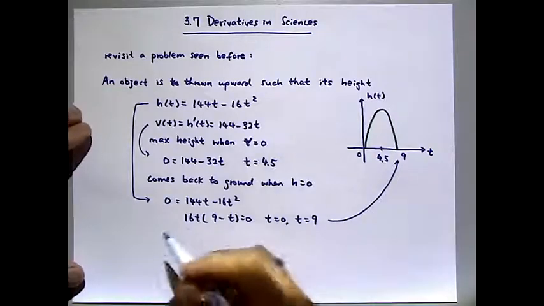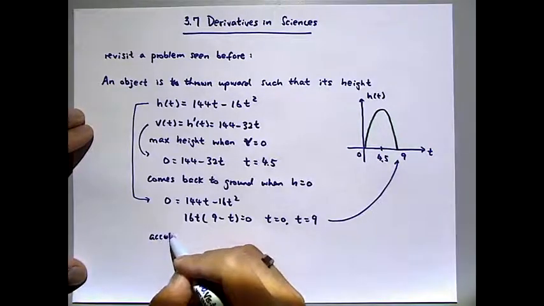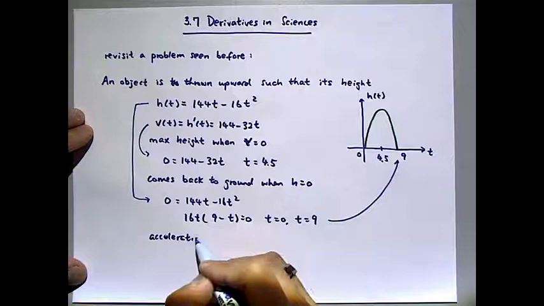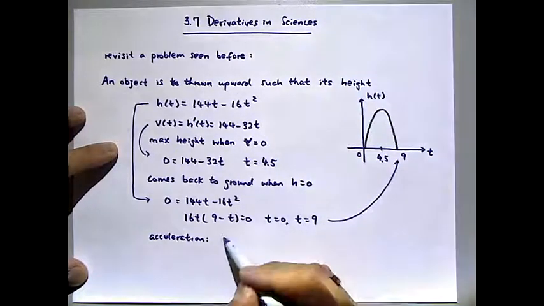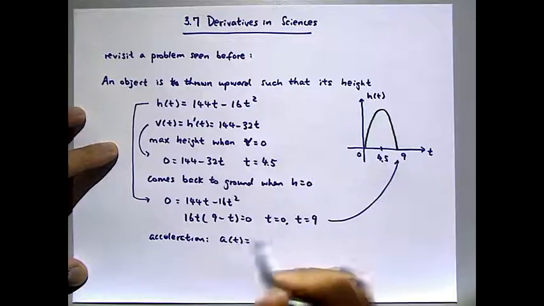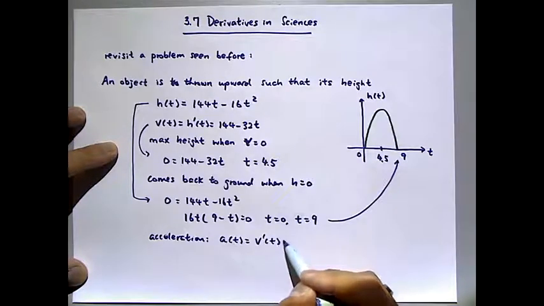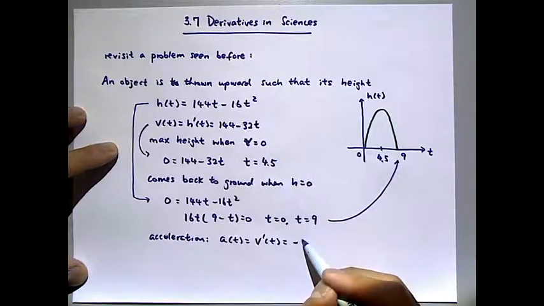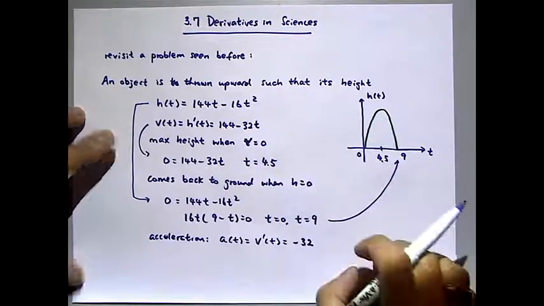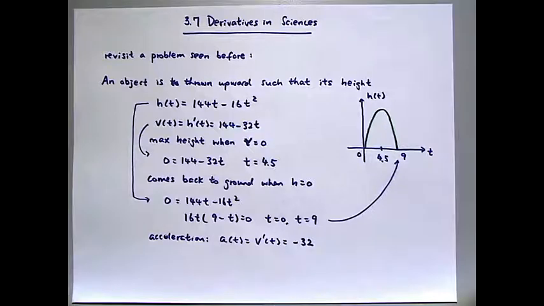Let's find the acceleration. Acceleration is the derivative of velocity. We'll call that a, v prime of t. Here's v. Derivative is negative 32. All right. Where's that acceleration coming from?